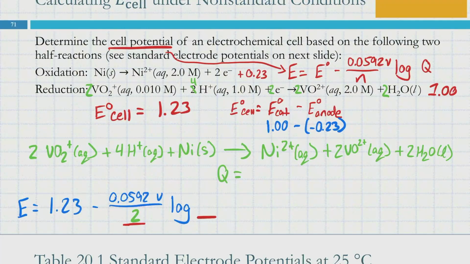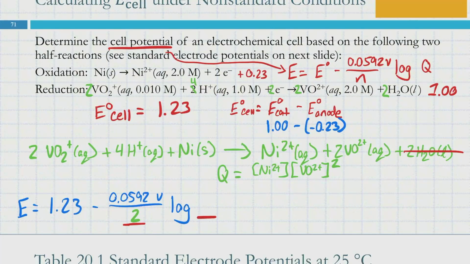All right, somebody give me one of the species that's on top in Q. Nickel 2 plus. We've also got VO 2 plus squared. Do we have anything else on the top? We do not have anything else on the top. Water is a liquid.